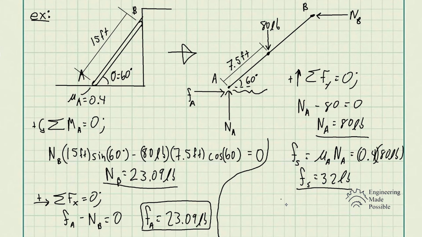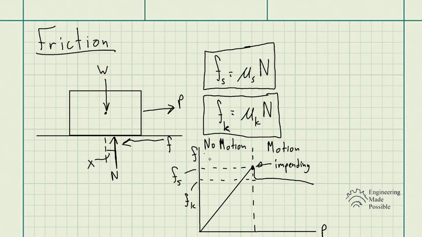Now, one thing that may help you visualize this is that graph that I initially drew in the beginning. Let's go back to that. In the region where there is no motion, the maximum static friction will be at this peak, right where motion is impending. Now, if the friction that we just solved for is less than that maximum, then most likely no motion has occurred.